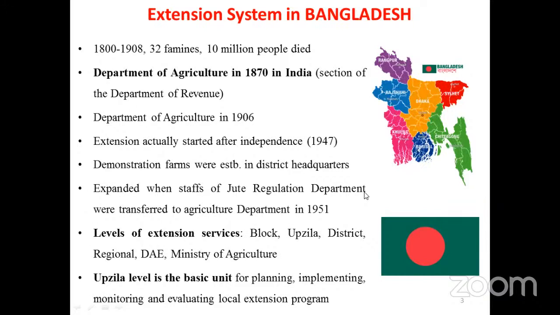In Bangladesh, they have different levels like block, upazila, district, regional, and national level. For many of our programs, the major unit of extension is the block, whereas in Bangladesh it is the upazila, the basic unit of planning and implementing local extension programs.